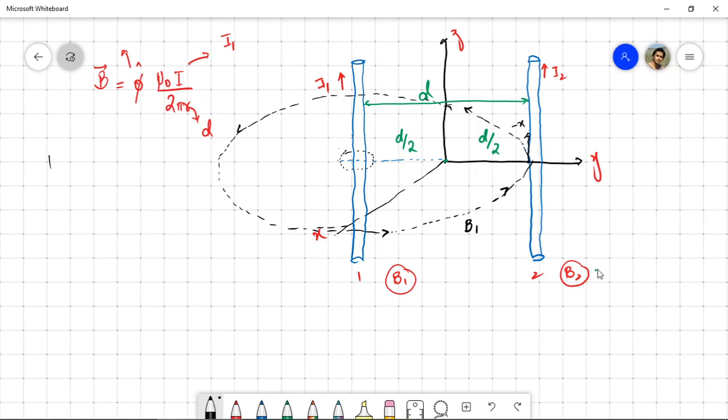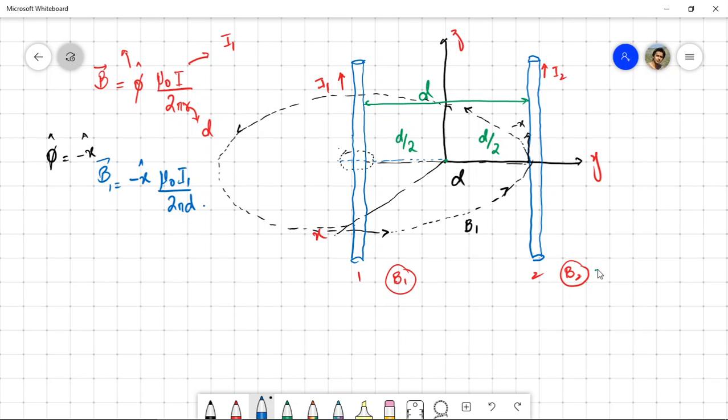So we can say that phi hat here is going to be minus x hat, and this radius is going to be d. That is why we're replacing r with d. So now we're going to write the value of B1. B1 is equal to minus x hat mu naught I1 over 2 pi d. So we have the value of B1 now.